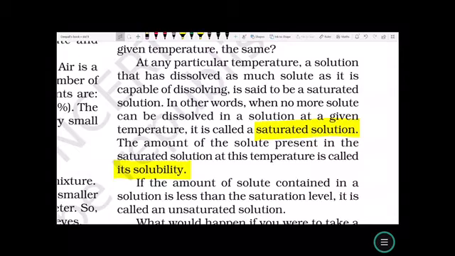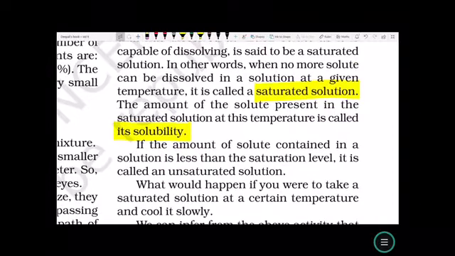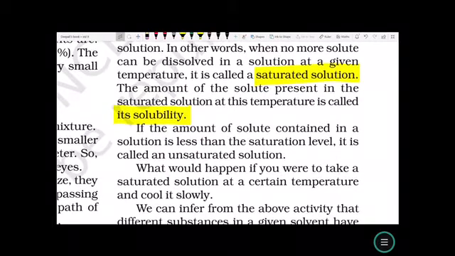And the solubility is the amount of solute present in saturated solution at this temperature. If the amount of solute contained in the solution is less than the saturation level, it is called an unsaturated solution.